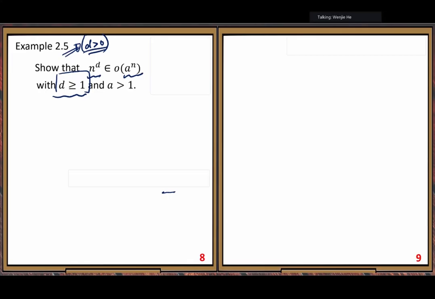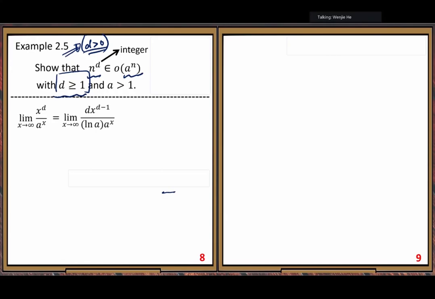Now let's prove it for d a positive integer. Because we need to apply L'Hopital's rule, we need to switch to the continuous version. Then take the limit, applying the power rule to the numerator and denominator.